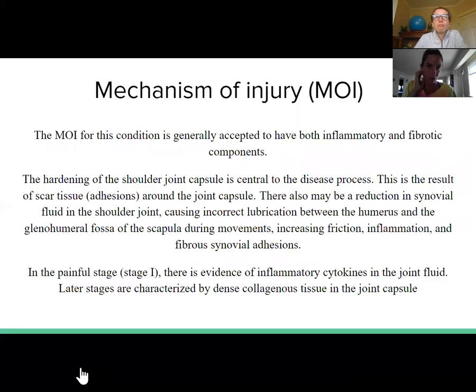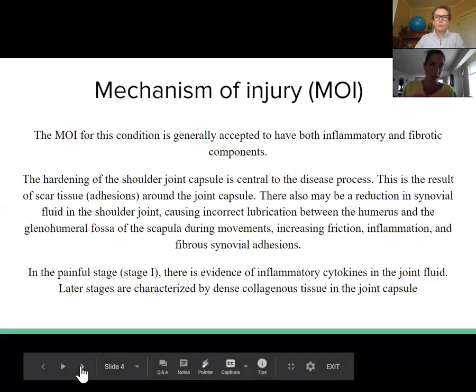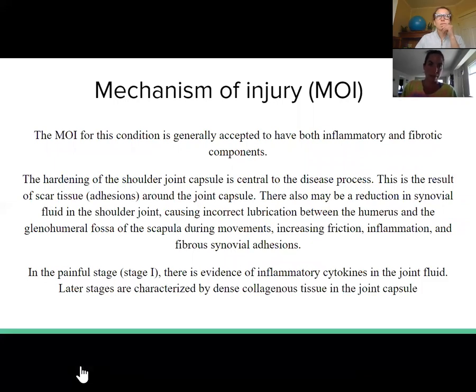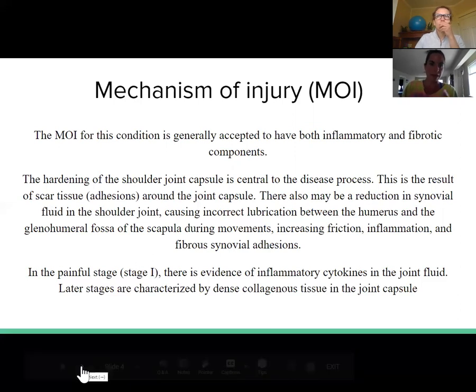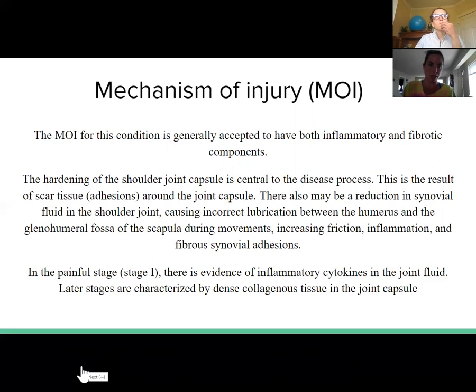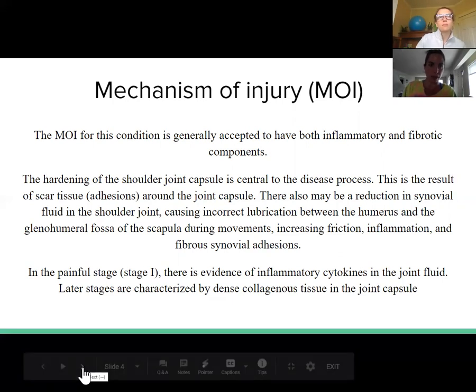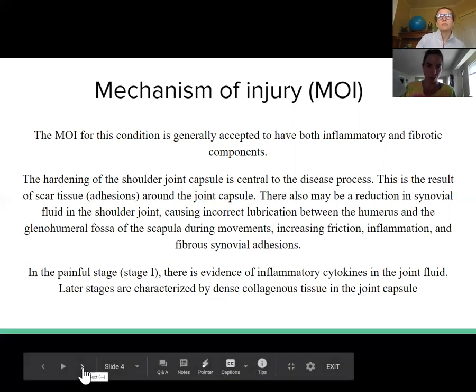Inflammatory because of the pain and inflammation of the joint capsule, and fibrotic components because of the hardening of the shoulder joint capsule, which is the central process of this disease, and is a result of adhesion and scar tissue around the joint, and a significant reduction of the synovial fluid inside the shoulder joint.